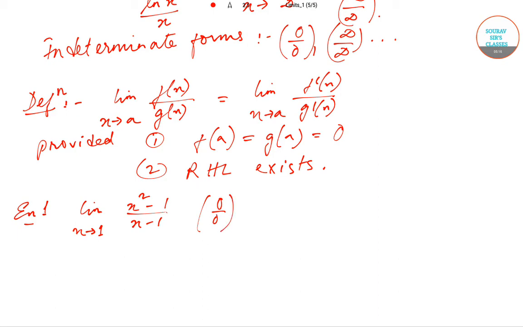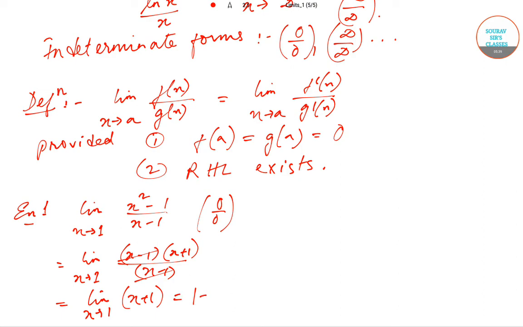Earlier, we broke down x square minus 1 as x minus 1 into x plus 1, divided by x minus 1. This x minus 1 cancelled out in the numerator and the denominator, and we were left with the limit of x plus 1 as x tends to 1. This is 1 plus 1, and we got 2 as the answer. So we employed the process of cancellation.